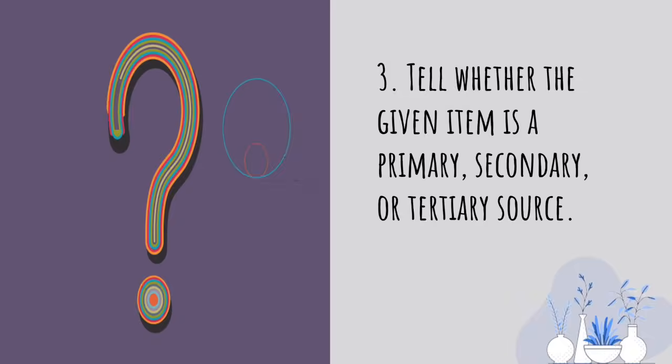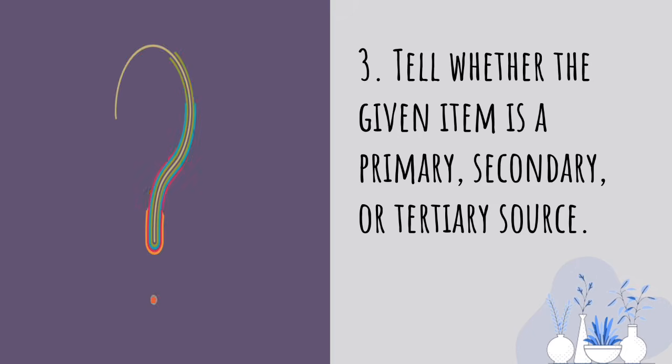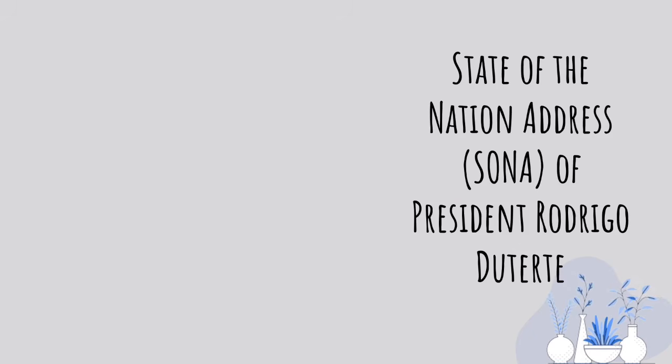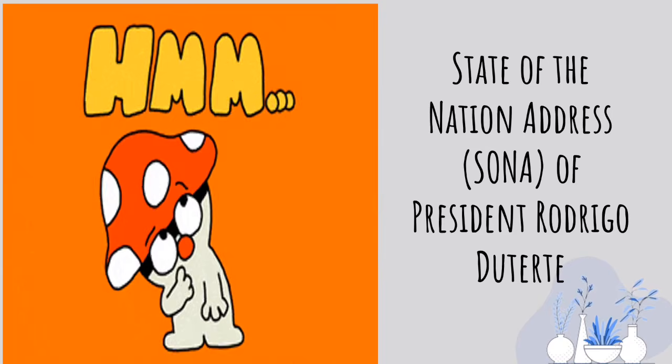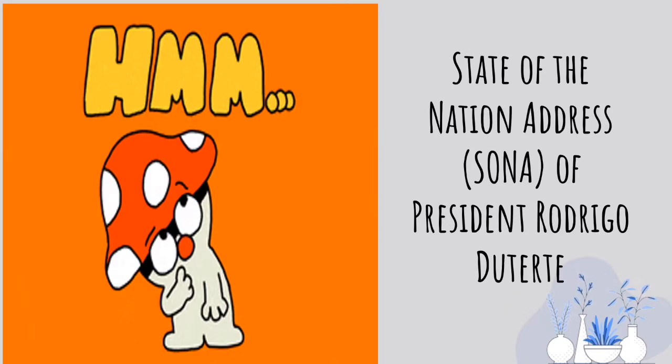Question number 3. Tell whether the given item is a primary, secondary, or tertiary source. Number 1. State of the Nation Address or SONA of President Rodrigo Duterte. Is primary source correct?